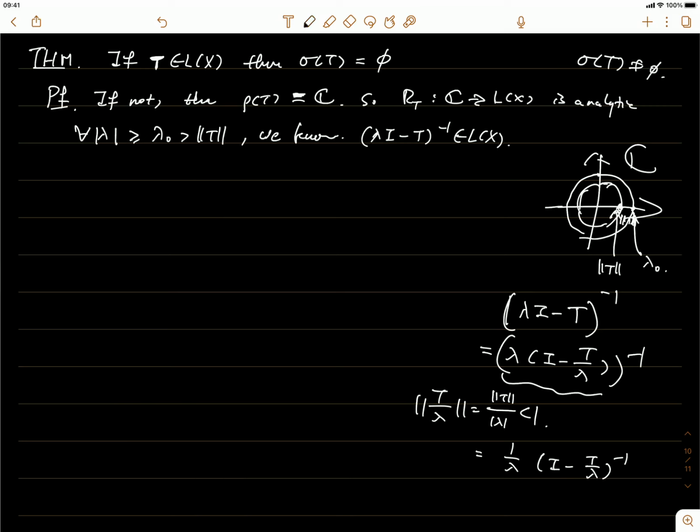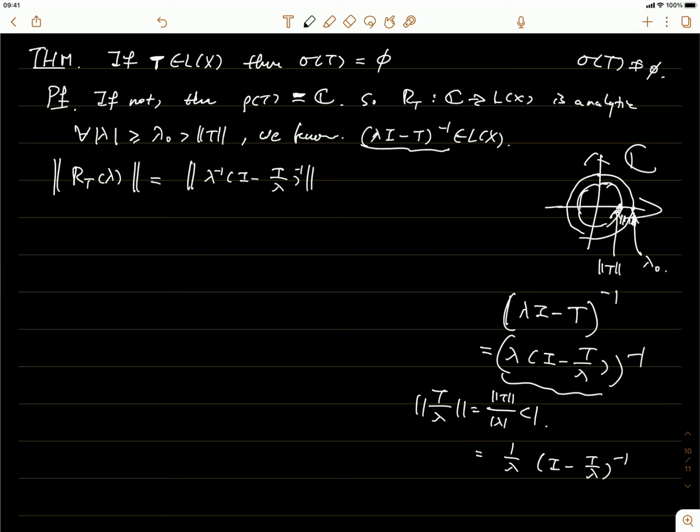So this means that the resolvent at lambda is going to be equal to 1 over lambda times the inverse of I minus T over lambda.